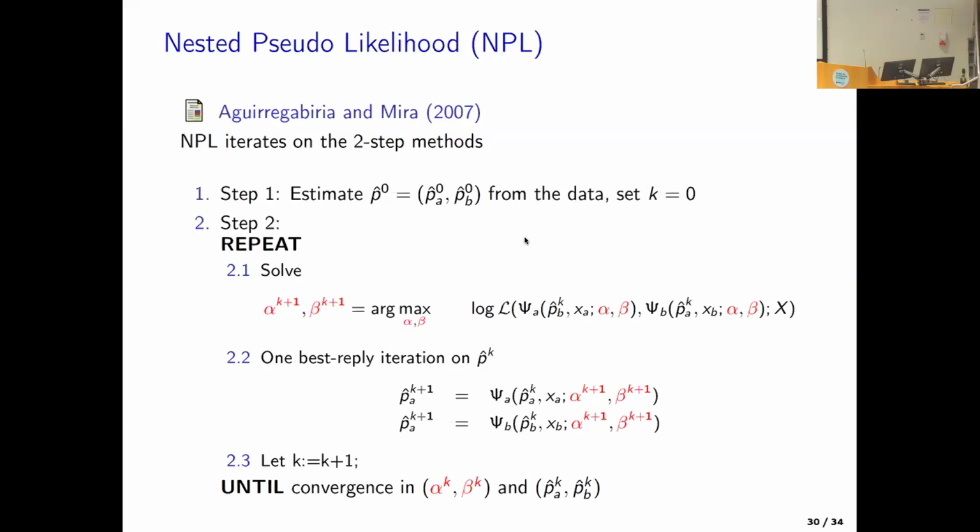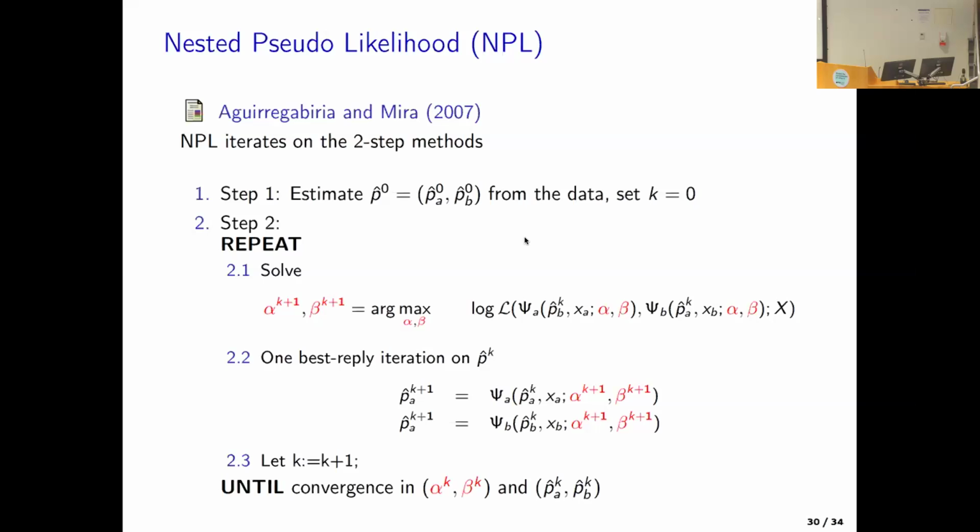And then you can do one best reply iteration on the best response function, and then you do it again, okay? Then that gives you a new set of pseudo maximum likelihood estimates, and at some point this might converge, and if we're lucky, it's converging to maximum likelihood. Okay? That's what they did in the 2002 paper.